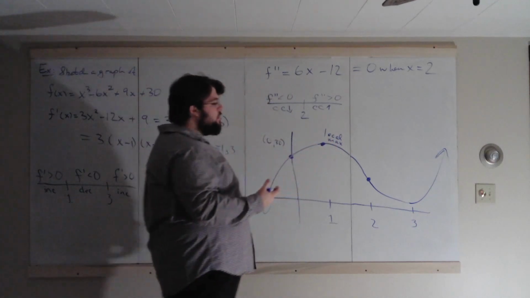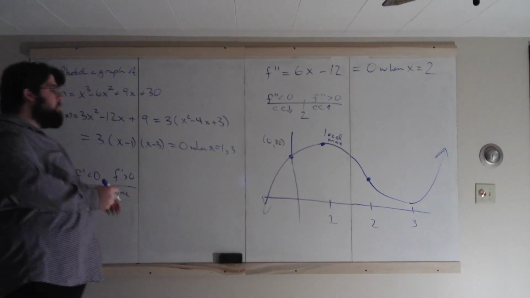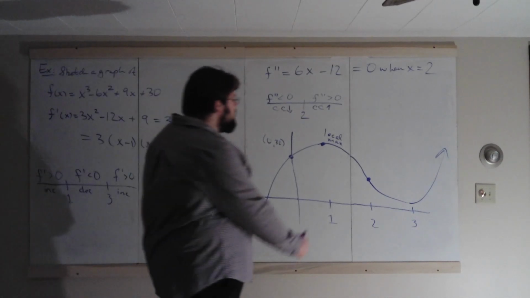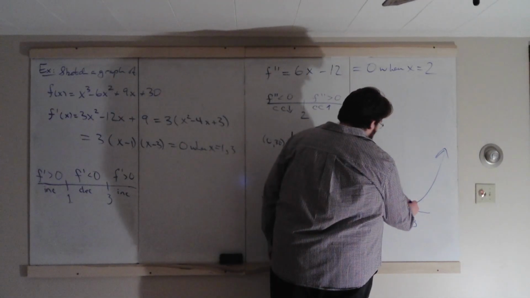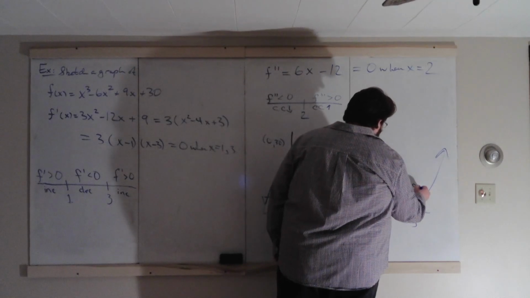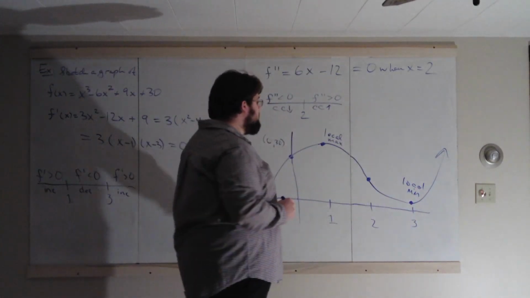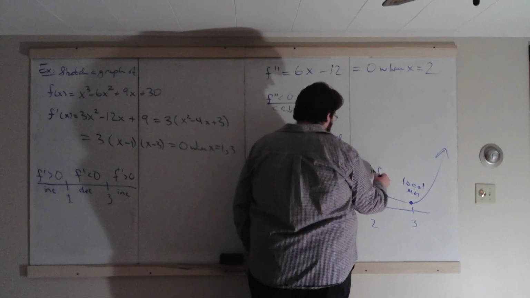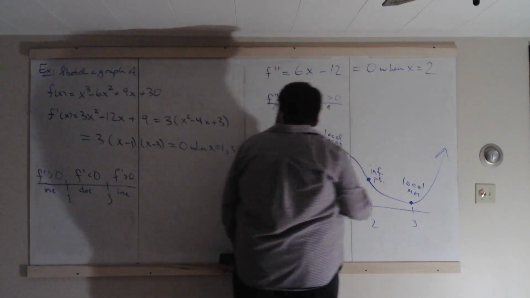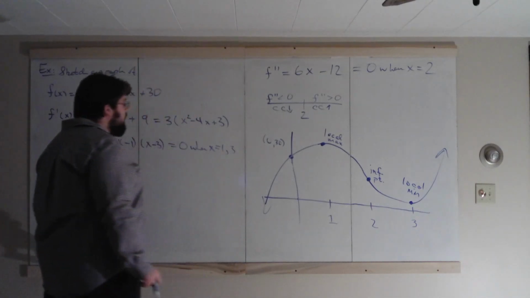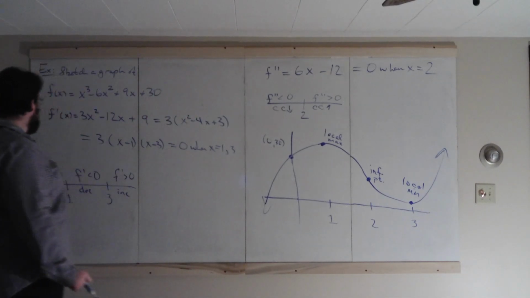So with the graph, we don't really have to think of f prime is positive, f prime is negative, and so on in labeling the local maximum and local minimum. So I'll just label these like this. Local maximum, the top of the mound, local minimum, the bottom of the mound. And here we have an inflection point. And if I said to label them with an ordered pair, well, you'd have to label them with an ordered pair.